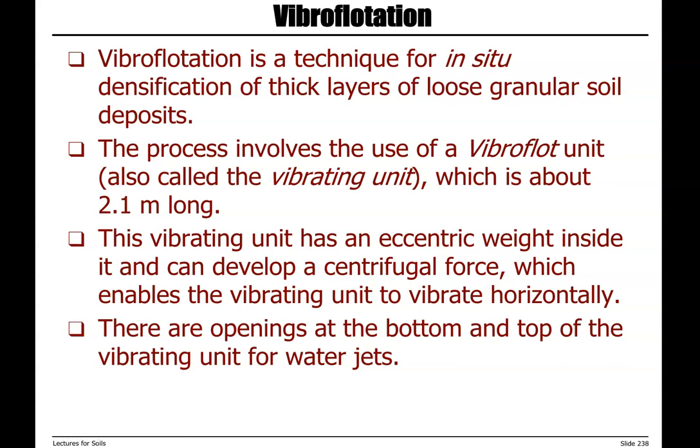Another technique is called vibroflotation. Vibroflotation is a technique for in situ densification of thick layers of loose granular soil. So this is again a technique that can work very well for granular soil. The process involves the use of a vibrofloat unit, which can be up to 2.1 meters long.